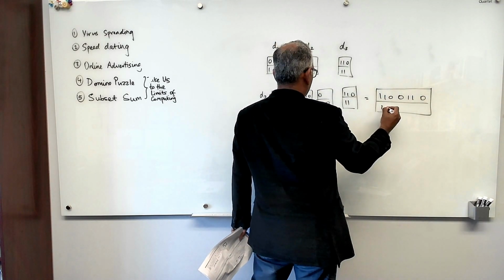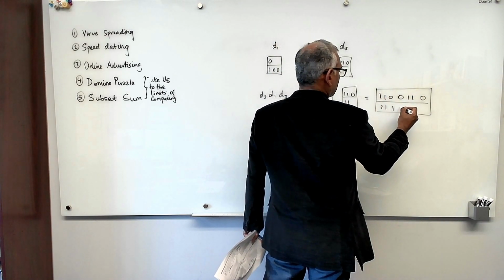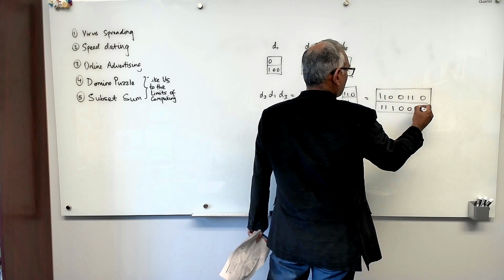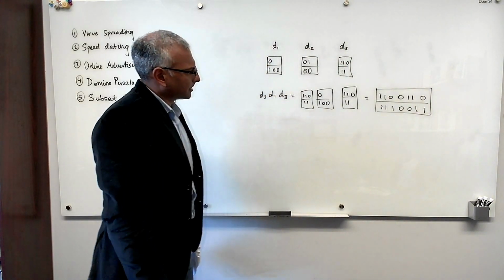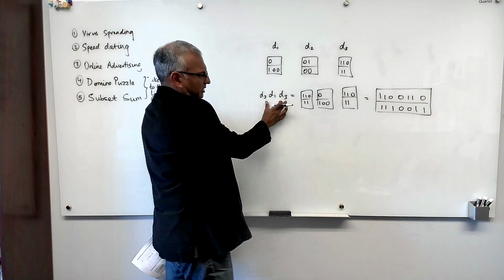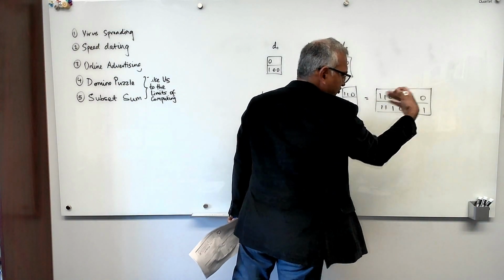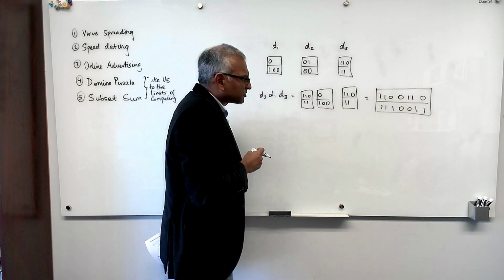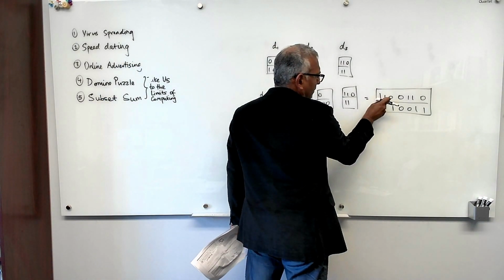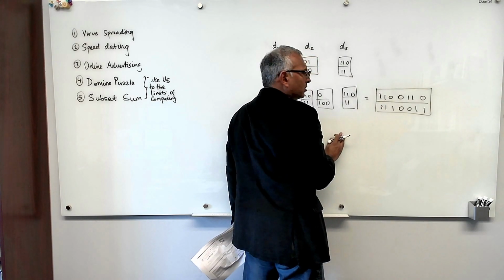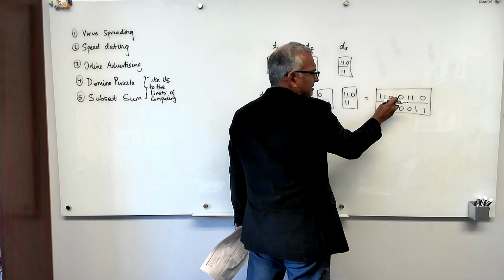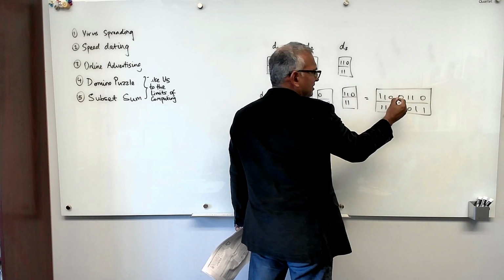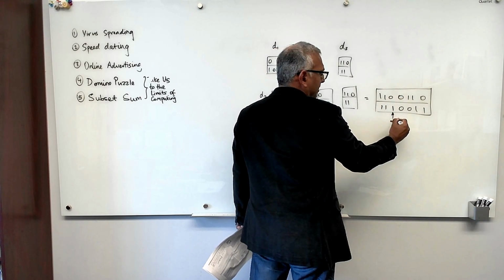And then this becomes 1, 1, 1, 0, 0, 1, 1. So when you concatenate dominoes, you get a bigger domino where the top and bottom strings are concatenated. Let's look at the top string here. It starts 1, 1. This starts 1, 1. That's good, they match. But then they mismatch here. 0, 1. Mismatch.